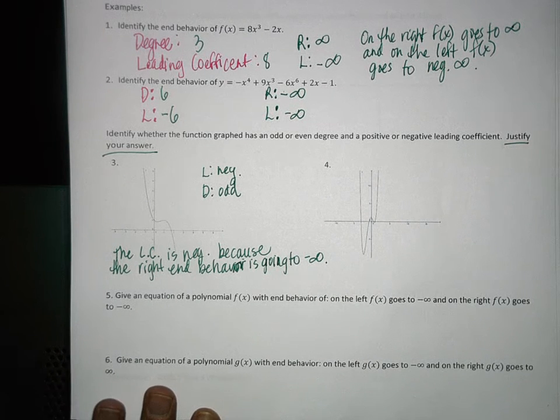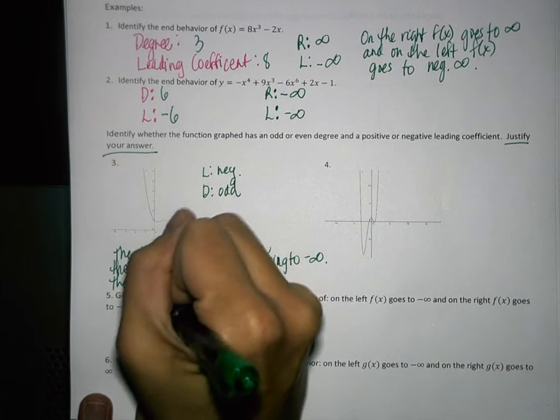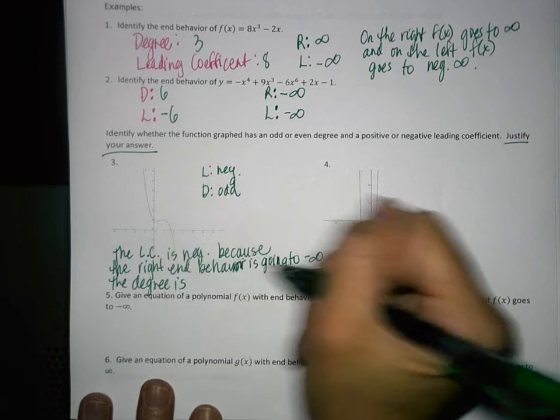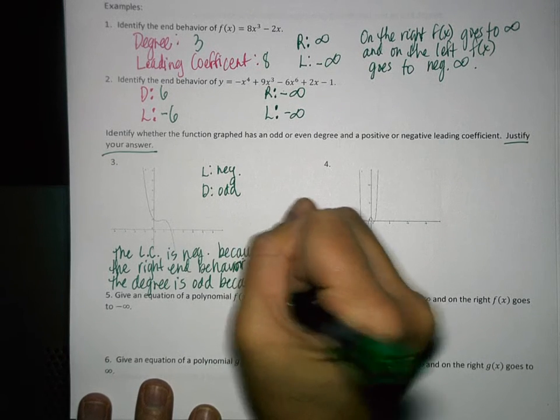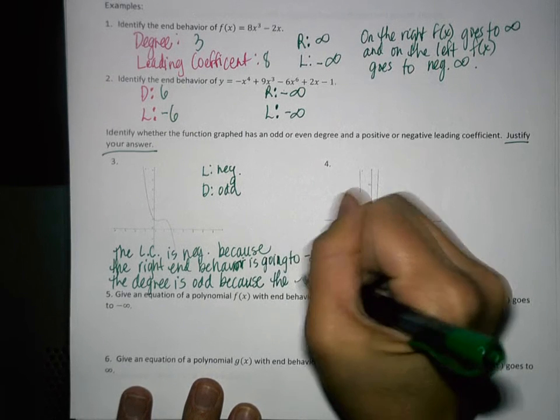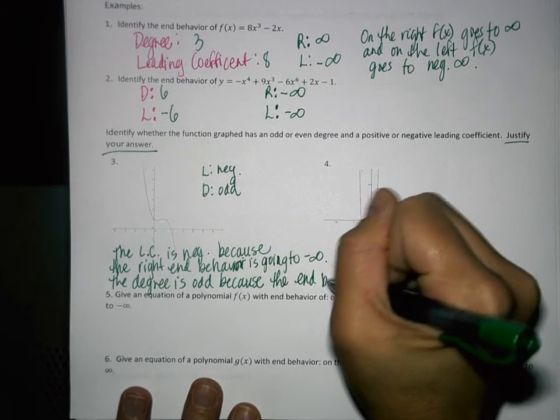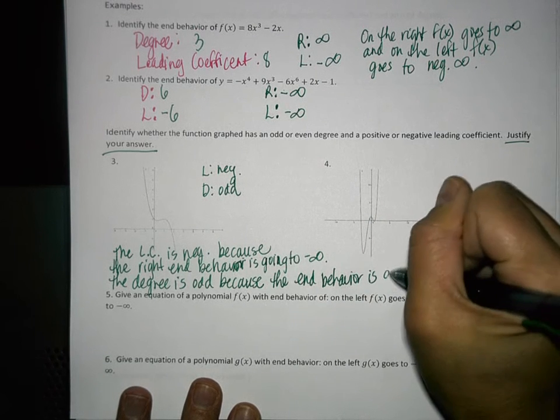Okay, we need one more sentence. The degree is what? Odd, because why? Because the end behavior is going in opposite directions.